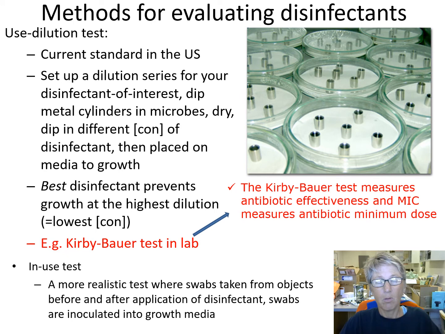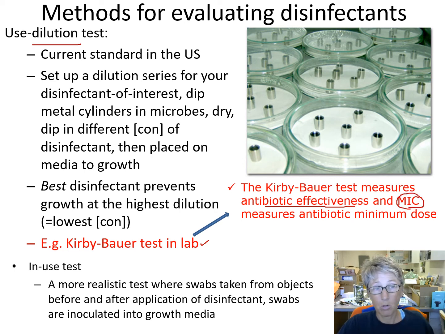So how do you evaluate the disinfectants that you're interested in? We'll do this test in the lab, or if this is online, we'll do it online. I think it's the Kirby-Bauer test. Basically, it's a use-dilution test, and it measures antibiotic effectiveness and minimum inhibitory concentration.